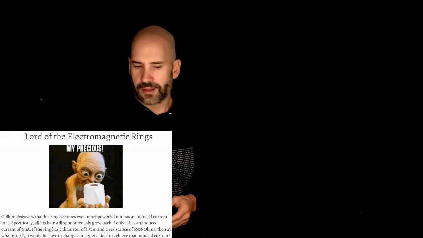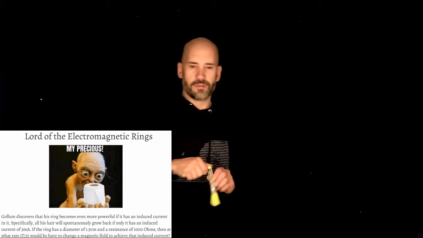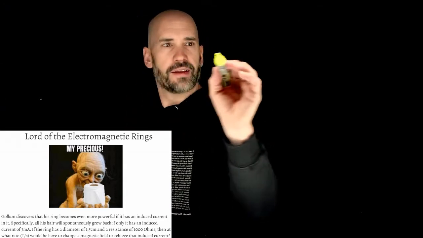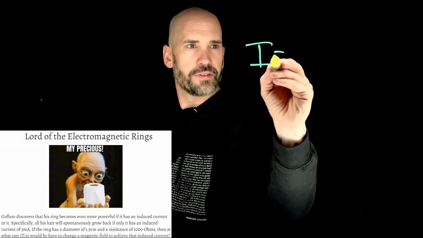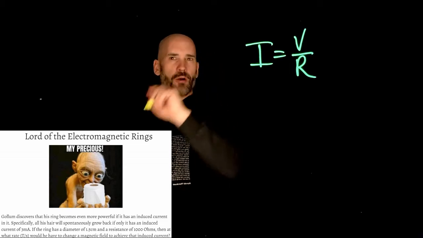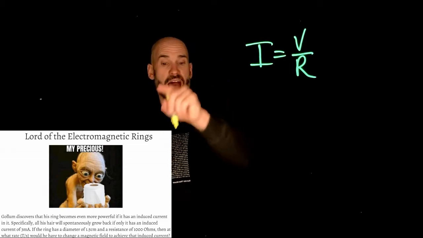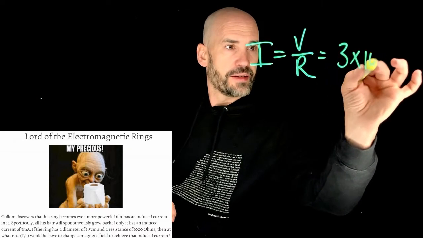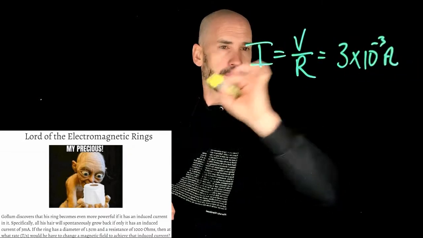All right. Well, what do we know? We know that I is equal to V over R. Correct? And we know, furthermore, that this I must be 3 times 10 to the minus 3 amps. Right?